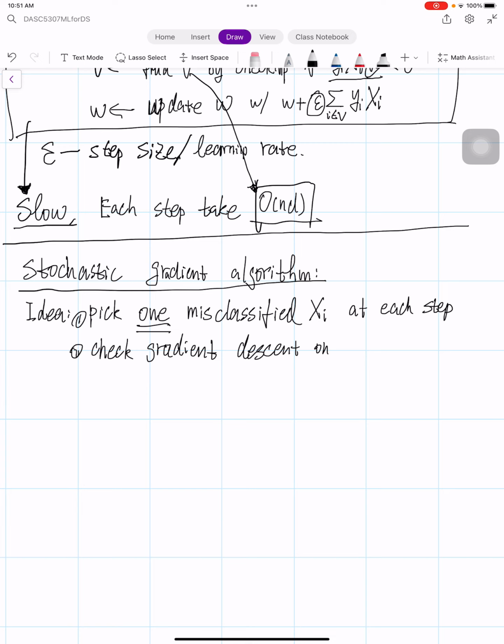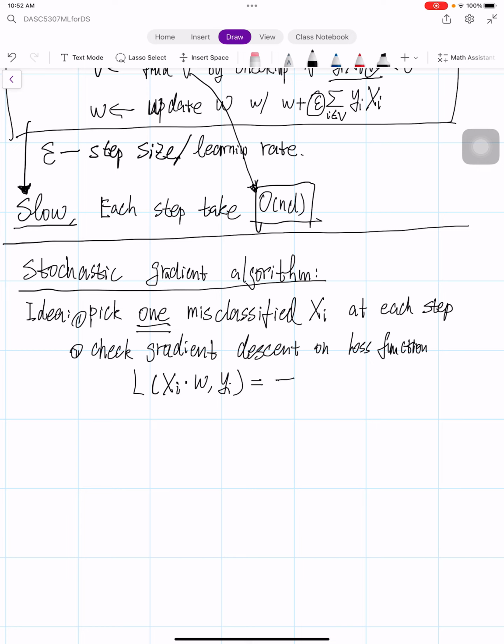Loss function L only at one data point xi. The inner product of omega and xi, times yi. Remember, this is negative because this point is misclassified.